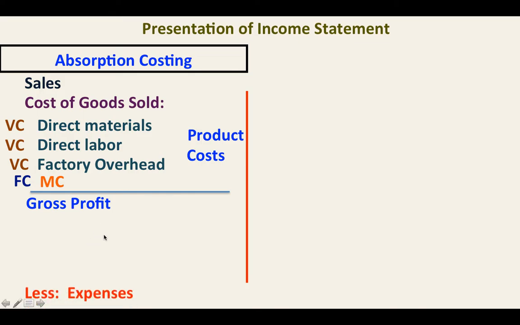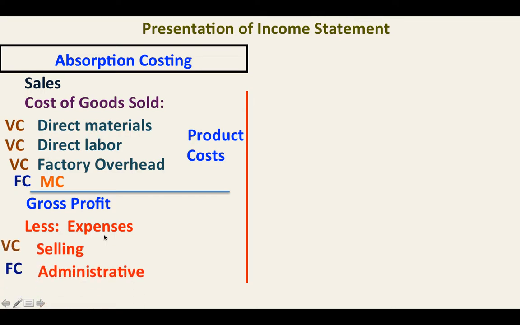Then after this, we will deduct the expenses, which are the selling and admin, and both variable cost and fixed cost. And then, as we have learned, selling and admin are period cost. So we will have our net income or net loss. So sales under absorption costing, less cost of goods sold will give you your gross profit, less expenses will give you your net income. So under cost of goods sold, we have considered all manufacturing costs, direct materials, direct labor, factory overhead, irrespective of their behavior, kasama lahat yan sa product cost.